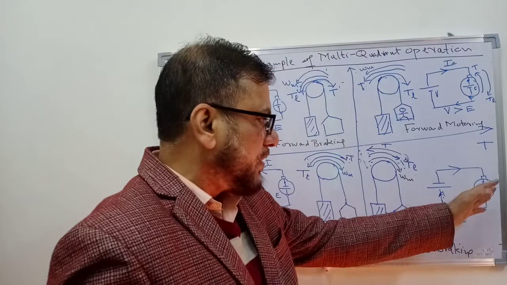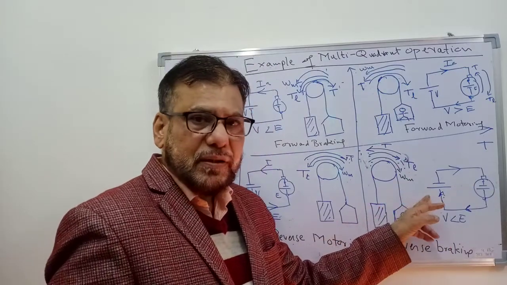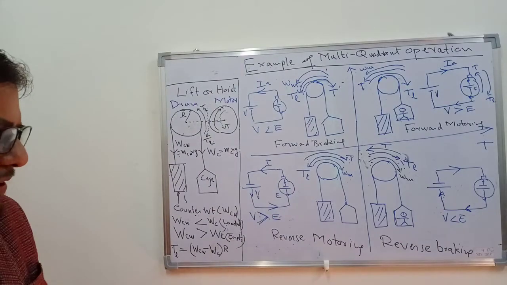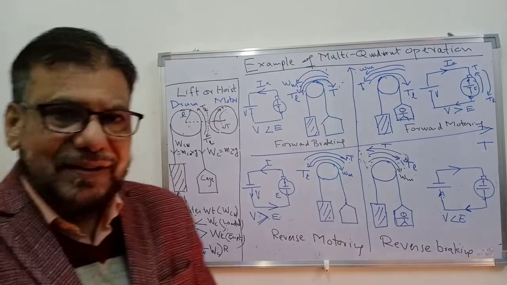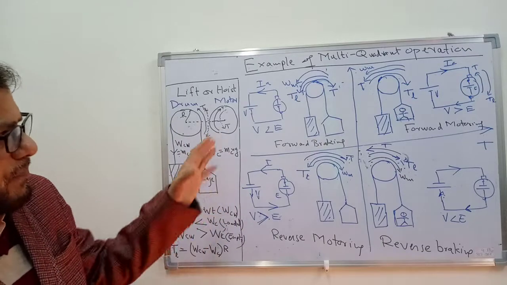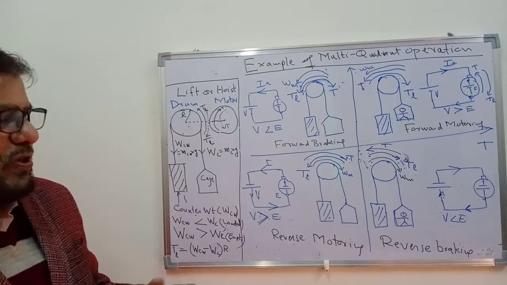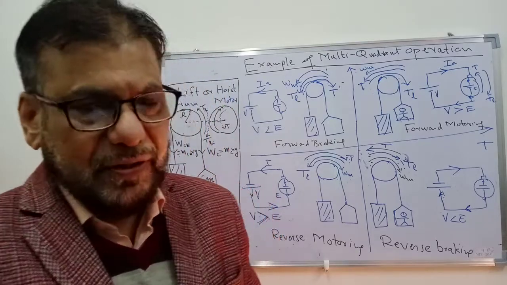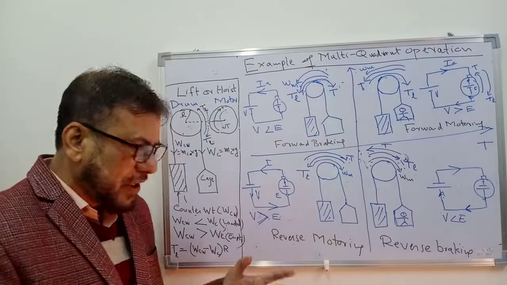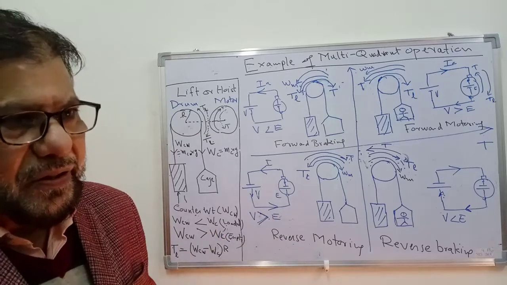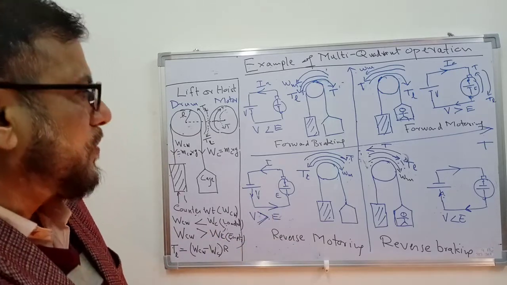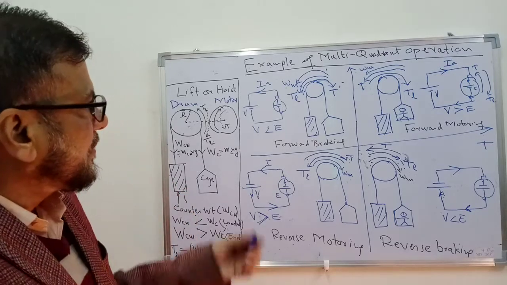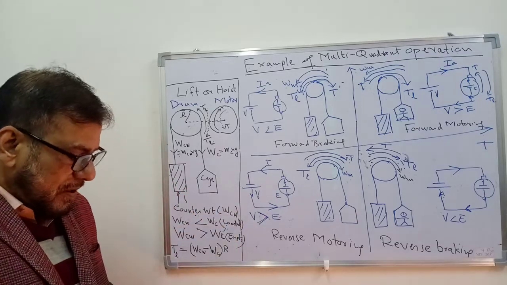The energy is released from the system and absorbed by the power source. So this is the reverse braking operation. This example explains the situation where we may require four quadrant operation. If you have to operate a lift, then you need a drive which will be a four quadrant or multi-quadrant drive. So this is the multi-quadrant operation.